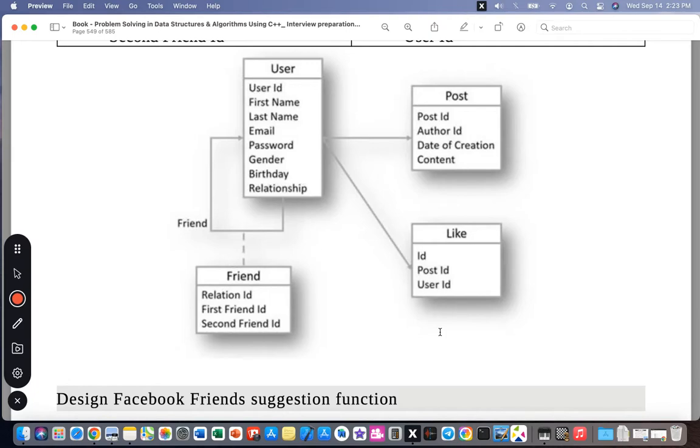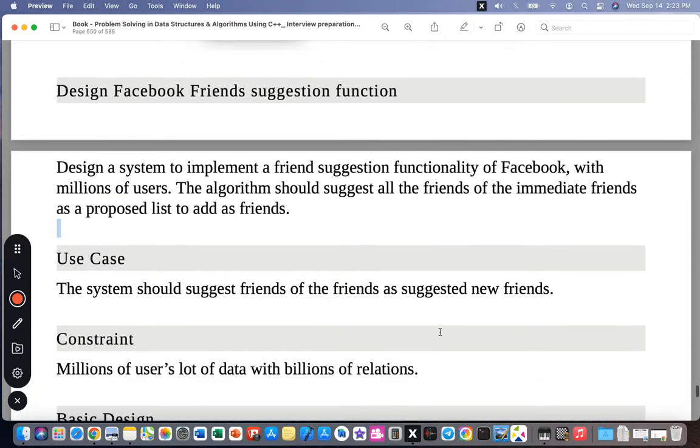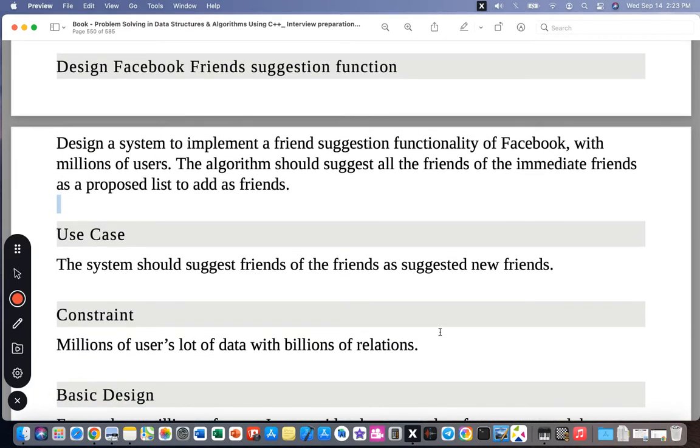Design Facebook friend suggestion function. Design a system to implement the friend suggestion functionality of Facebook. With millions of users, the algorithm should suggest all the friends of the immediate friends as a proposed list to add as friends.